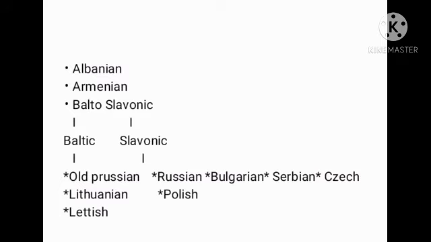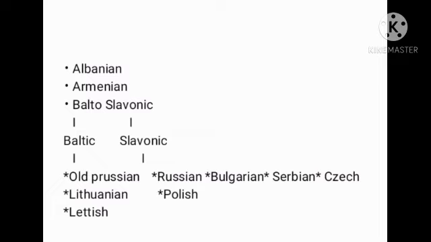Baltic comprises languages such as Old Prussian, Lithuanian and Lettish. Lithuanian is important because it is very conservative by nature and has preserved some of the Indo-European features which have disappeared from the other languages. Slavonic comprises Russian, Bulgarian, Serbian, Czech and Polish.